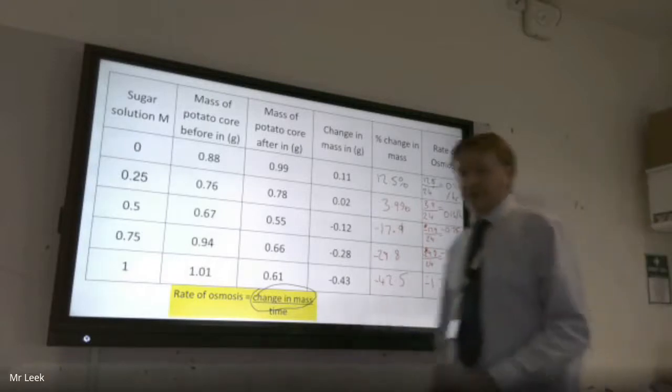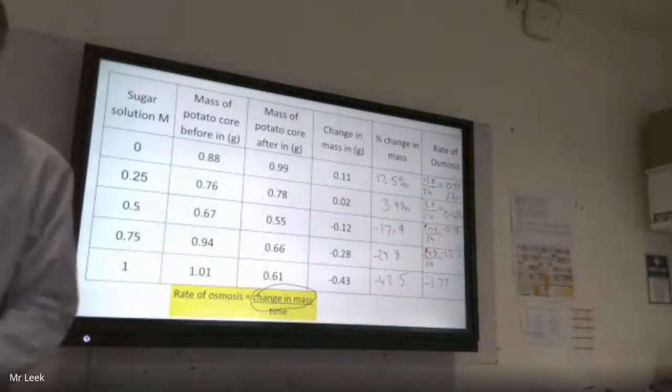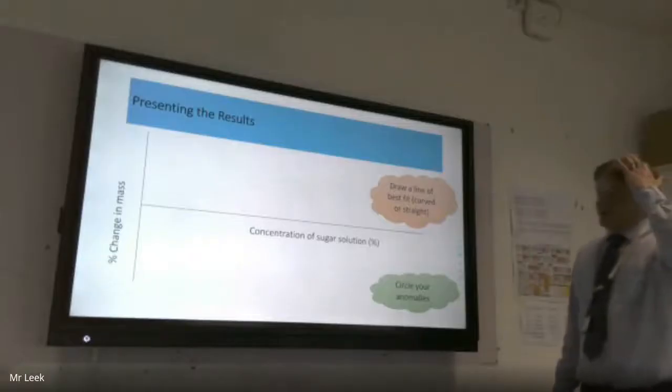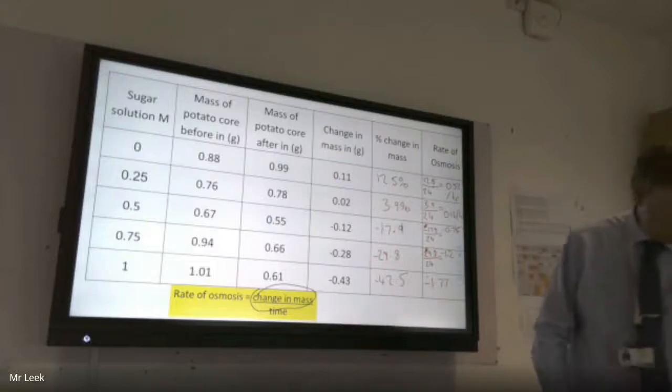Okay, so what you've then done is you've then worked out the rate of osmosis in those individual questions there. Okay, now, last thing that we need to do... 1.9.